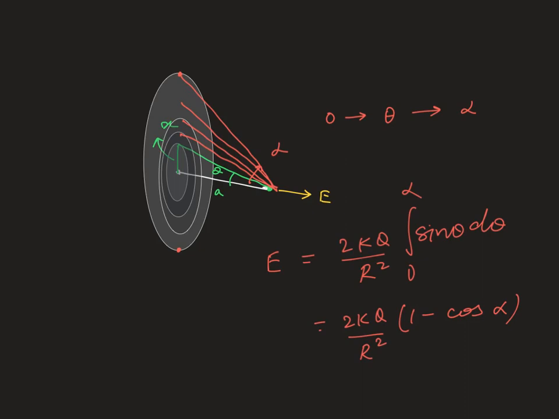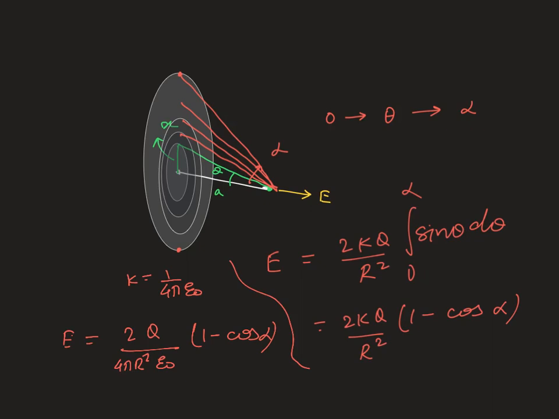We change the values of k here. K is 1 by 4 pi epsilon naught. So you'll have E equals 2q upon 4 pi r squared epsilon naught into 1 minus cos alpha.